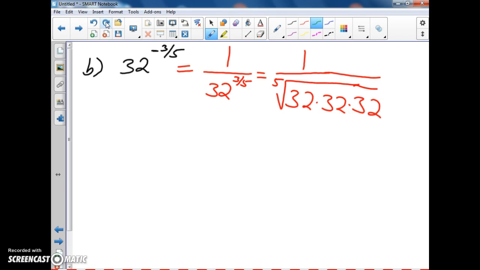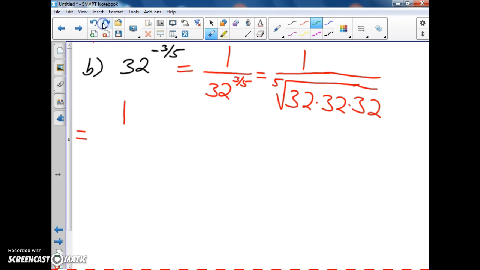Now what's the next thing you're going to do? Break down the 32. Okay, so 32 is what? 2 times 16, which is 2 times 8, which is 2 times 4, which is 2 times 2. 5 2s make up 32. You got it. That's what you're going to see now.